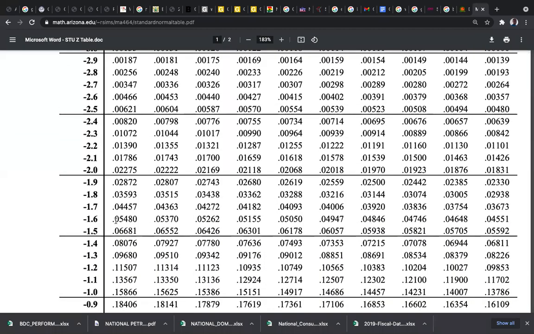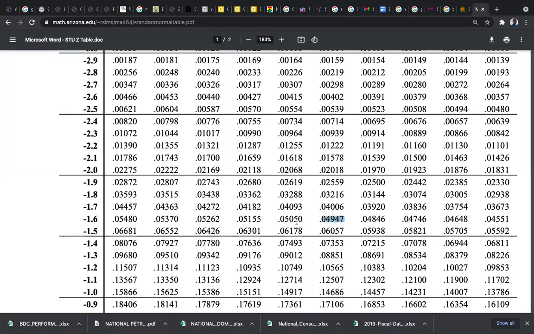So we have 0.054, 0.053, 0.051. We have 0.0505, right? And then we have 0.4947. At least in between these two numbers, we can have 0.05, isn't it?